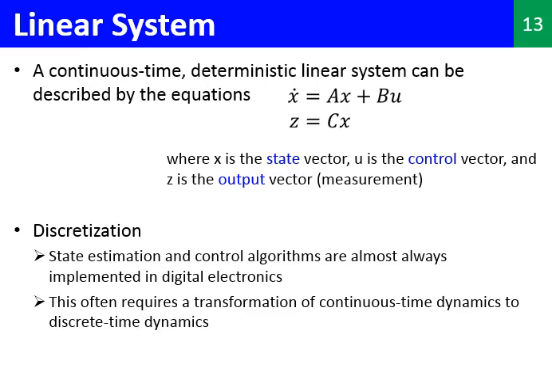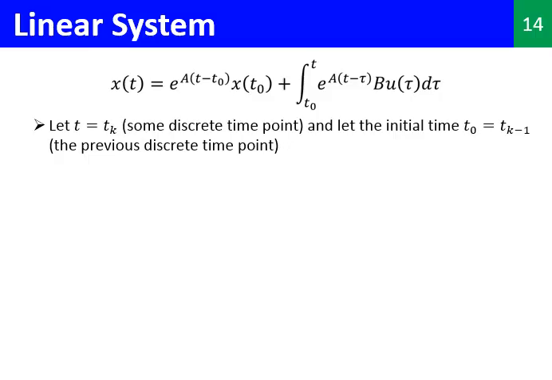Even though the real world systems are continuous time processes, state estimation and control algorithms that we implement always use digital electronics. Therefore, we need to transform continuous time dynamics that can be seen in these equations into discrete time, which is known as discretization. Now we are going to perform discretization.